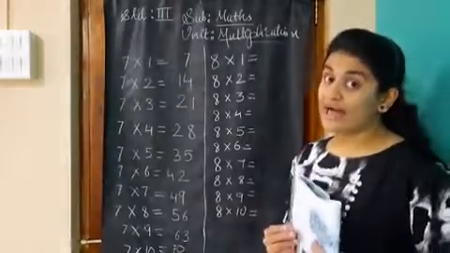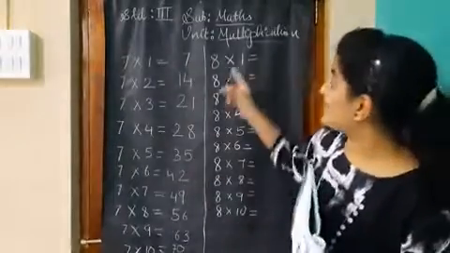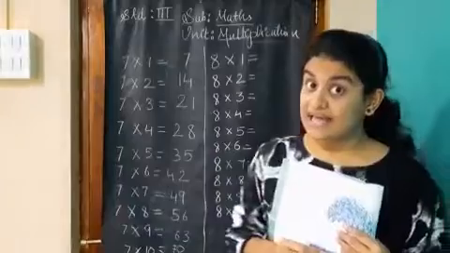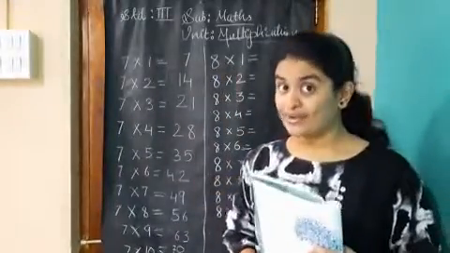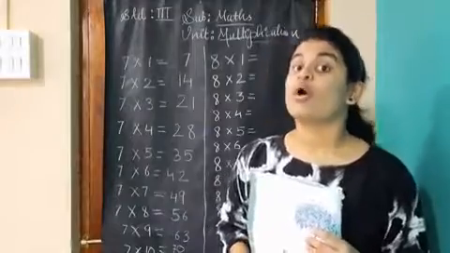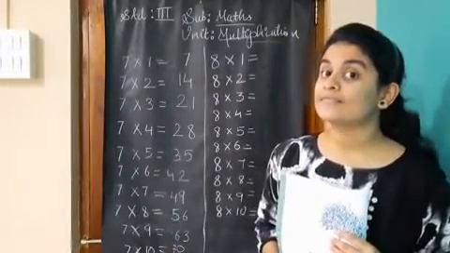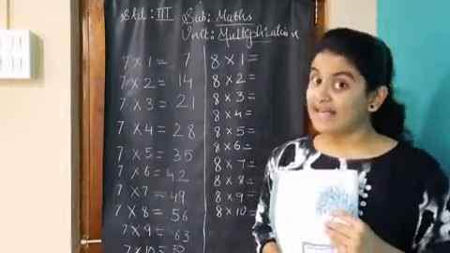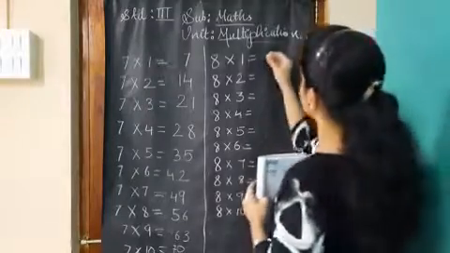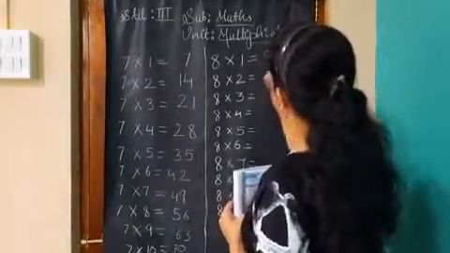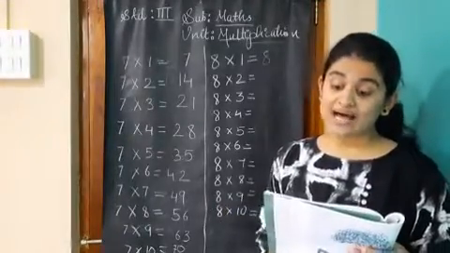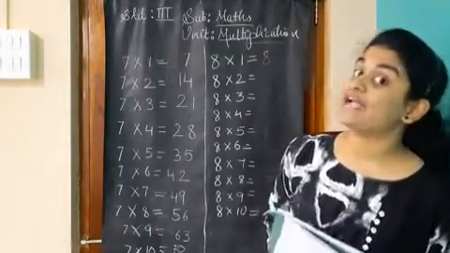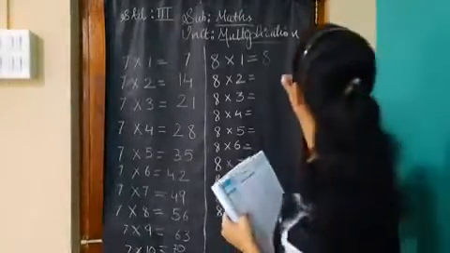Now we are going to write the answers of table 8. अब हम लिखेंगे इस 8 टेबल के आंसर्स. तो मुझे बताओ what is 8 ones are? 8 ones is 8, right? अब मुझे कौन बताएगा what is 8 twos are? 8 twos is 16.